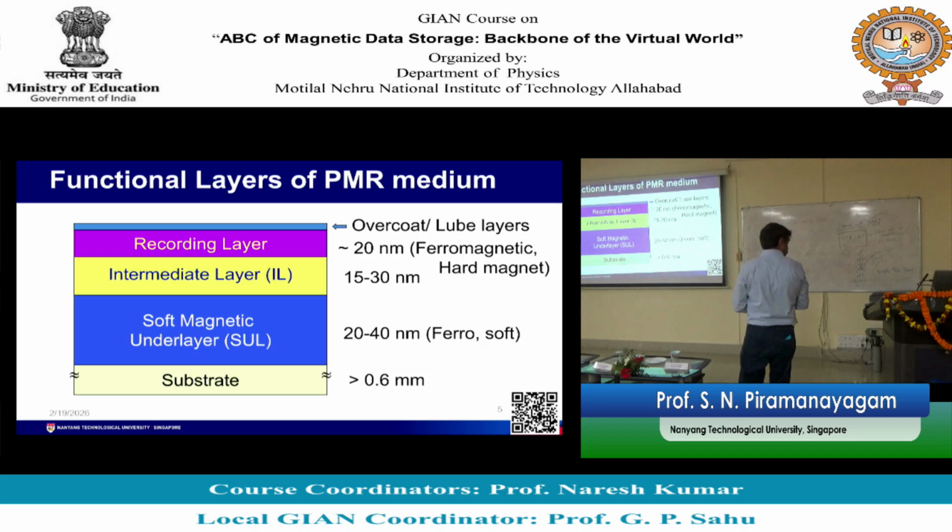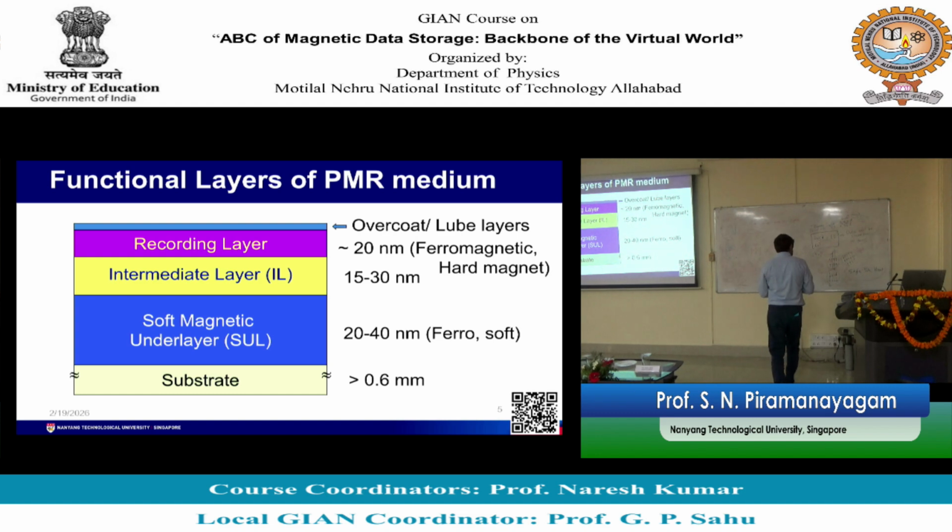For example, the coercivity of the recording layer is around 6000 Oersted, let us say, and the coercivity of the soft magnetic underlayer, we usually use SUL, maybe 1 Oersted.